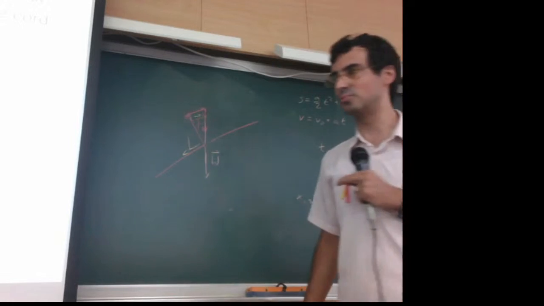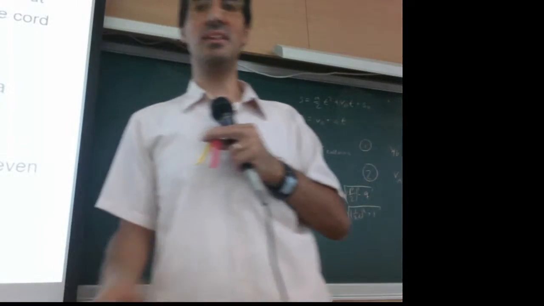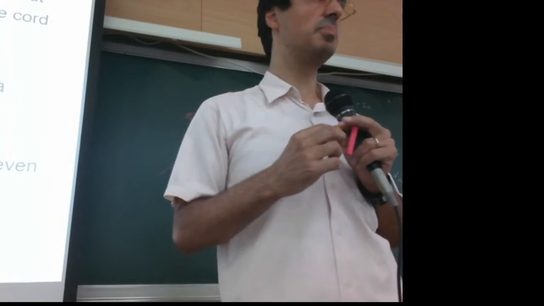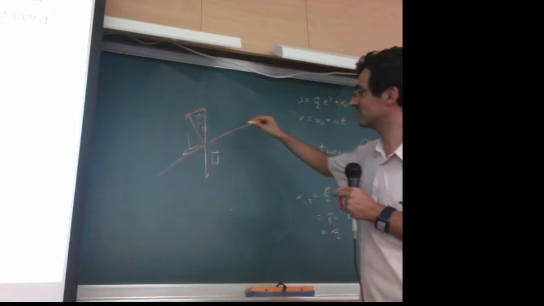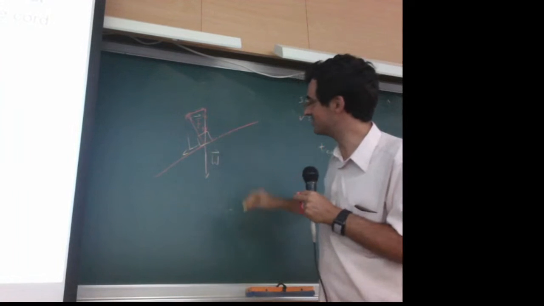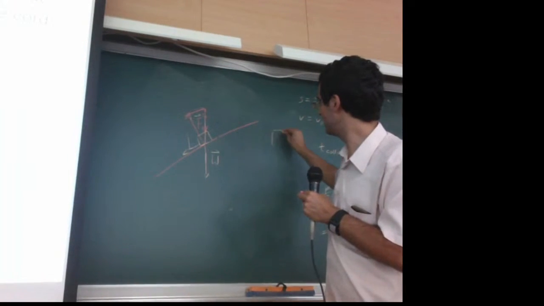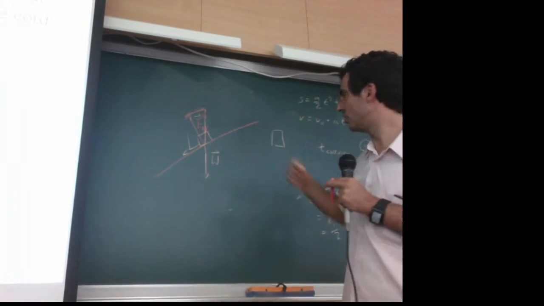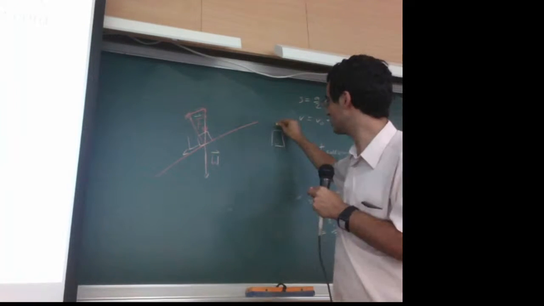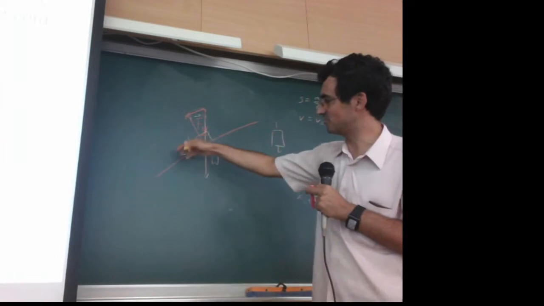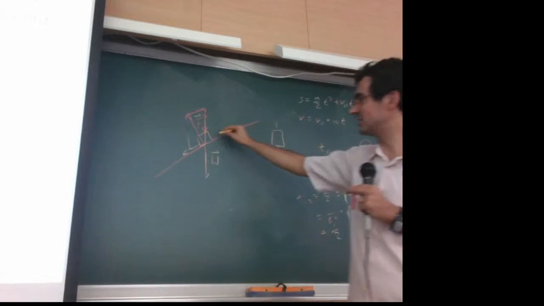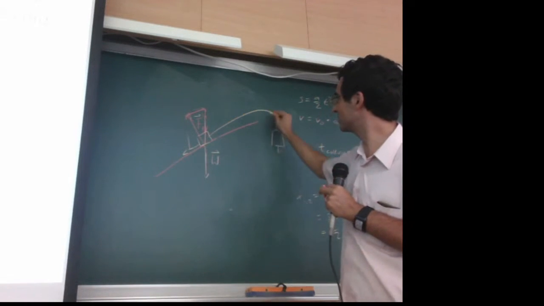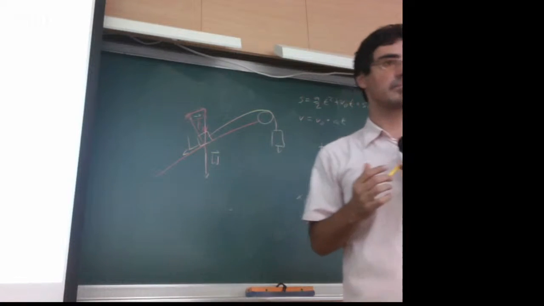Tension force is another weird one in that it's a tool that allows us to simplify things. It allows us to simplify geometry. Imagine here was my object, and now I have another object here. And I want to know, how does it pull? This one is pulling down, and so this one is pulling down. Which one is going to go up? Which one is going to go down? I connect them by a string over a pulley.